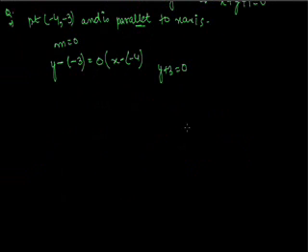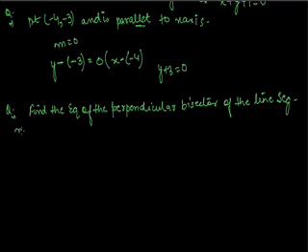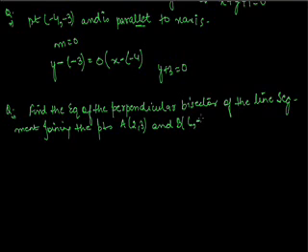Now next, I have to find the equation of the perpendicular bisector of the line segment joining the points A (2, 3) and B (6, -5).